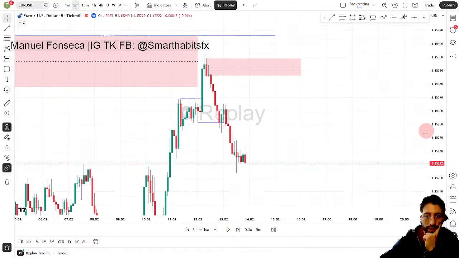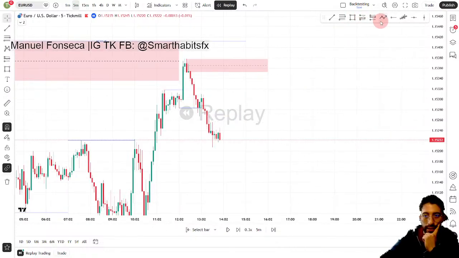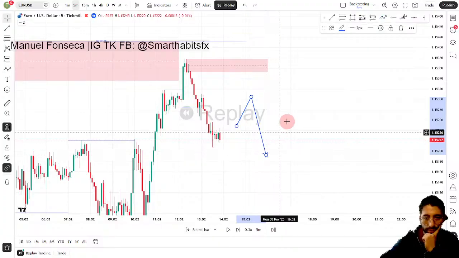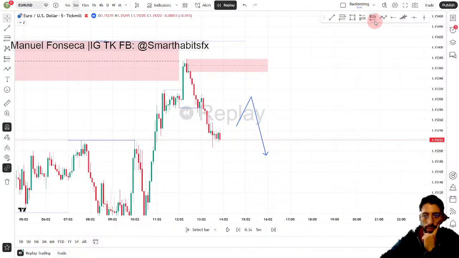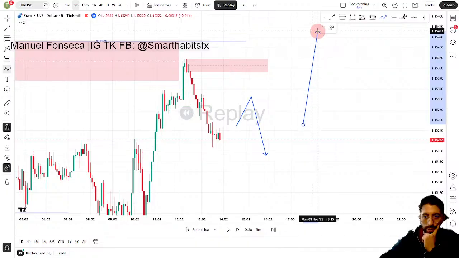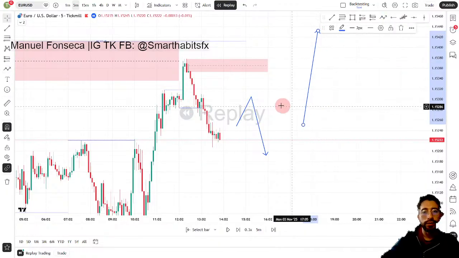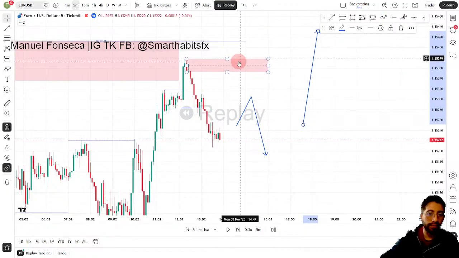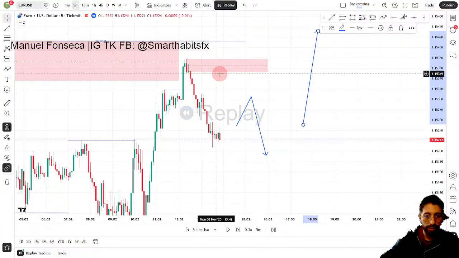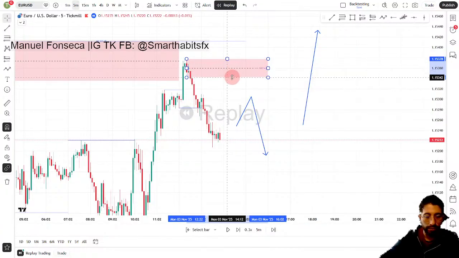The price can enter here and go down, or it can just continue with the uptrend and take us out of the order. These are the two possibilities, and the best one for me is entering my order block, which is already marked here, and that's it.